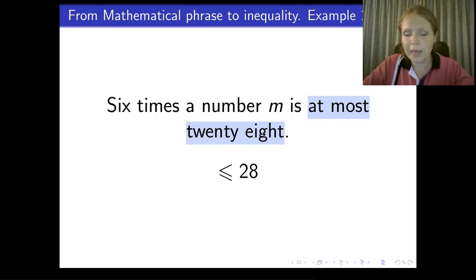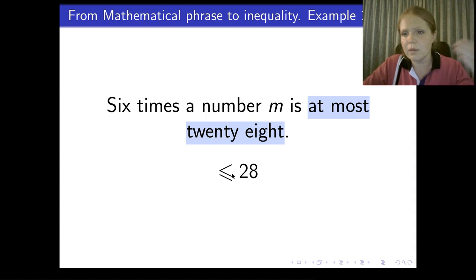Now let's look at the right side: at most 28. What does that mean? As we know, at most means the number on the left side should be less than or equal to the number on the right side. The biggest number on the left side should be equal to 28 or less than 28. In another notation, it's less than or equal to.